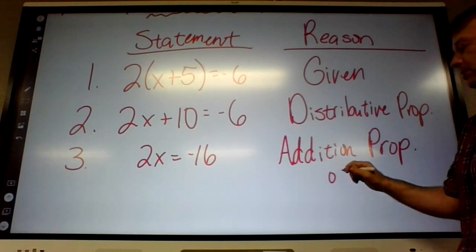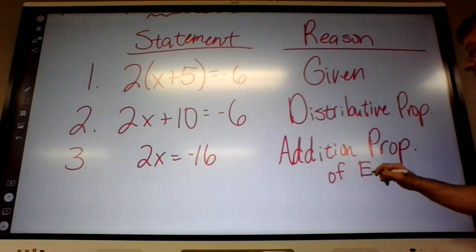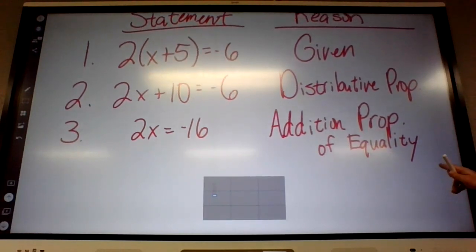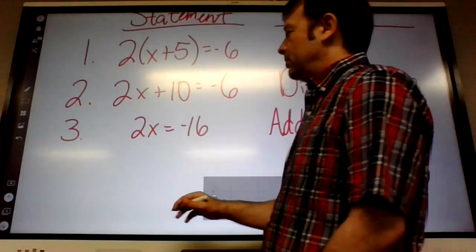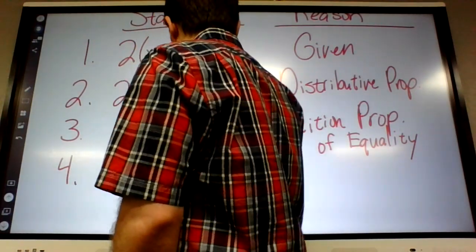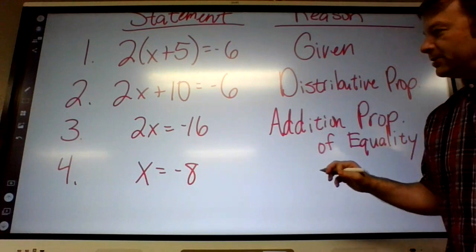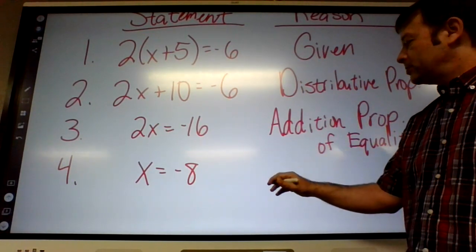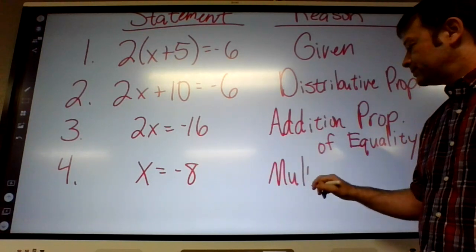Addition property of equality. Then you divide by 2, so we get x equals negative 8. They didn't call it the division property of equality, they call it multiplication property of equality because it's like multiplying by 1/2.